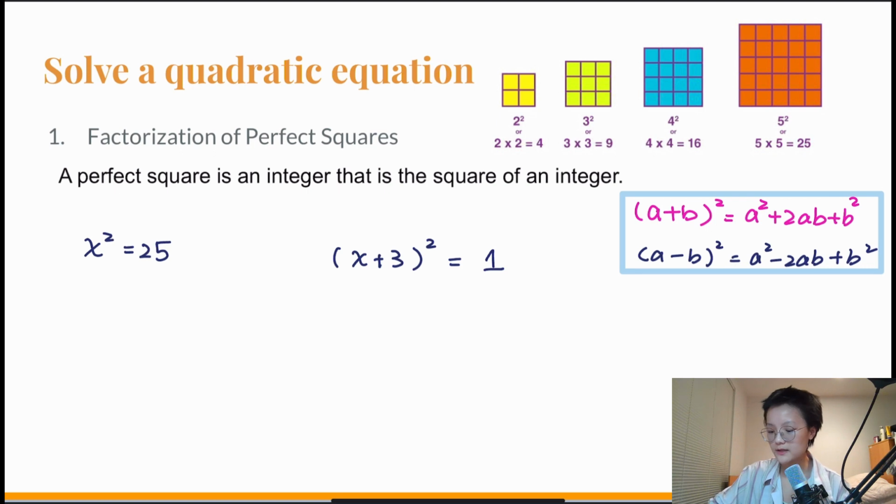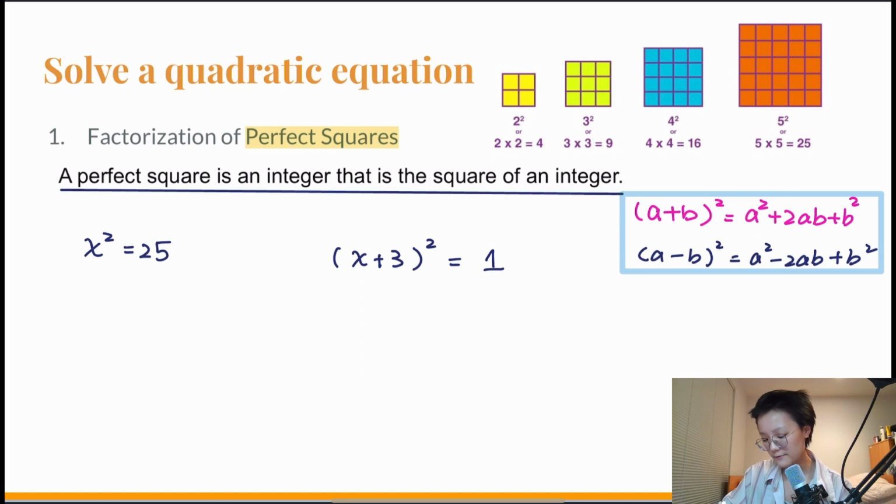So let's start with the simplest case, when we see there is a perfect square. This is a definition of perfect square, but basically a perfect square is numbers like 1, 4, 9, 16, 25, and so on.